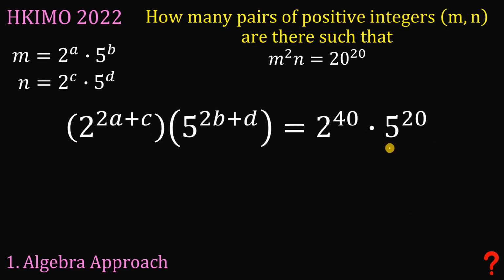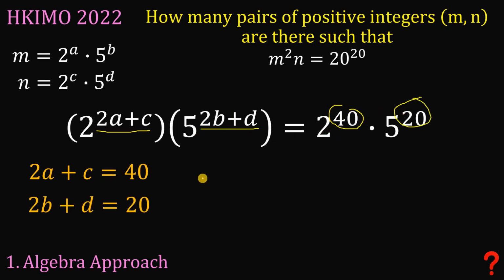Now, comparing the left side and the right-hand side, we can say that the powers of 2 must be equal, or 2a plus c simply equals 40. And 2b plus d simply equals 20.